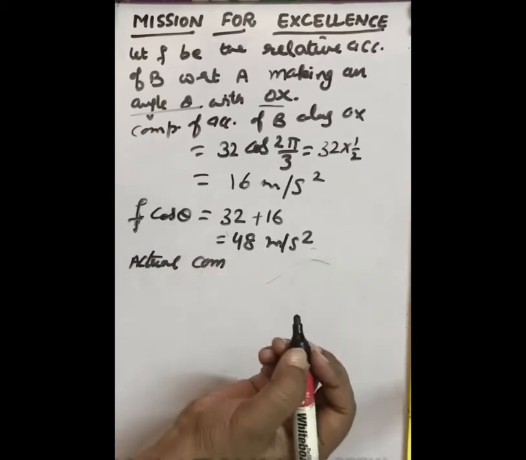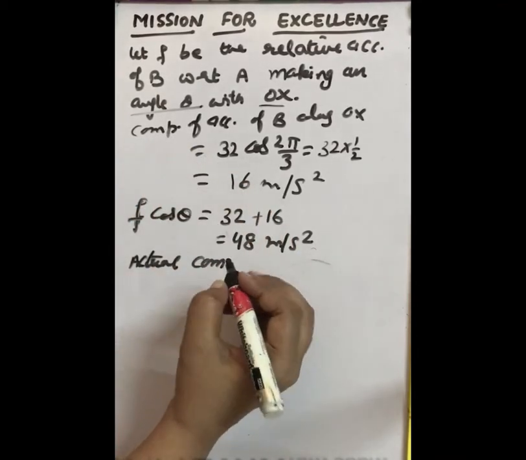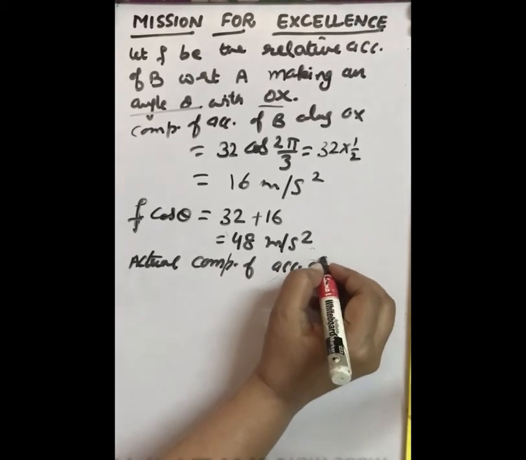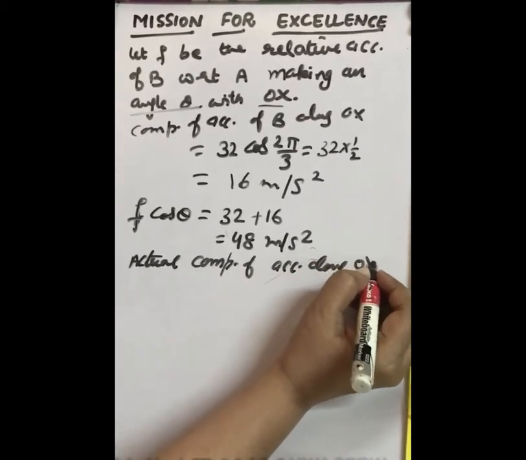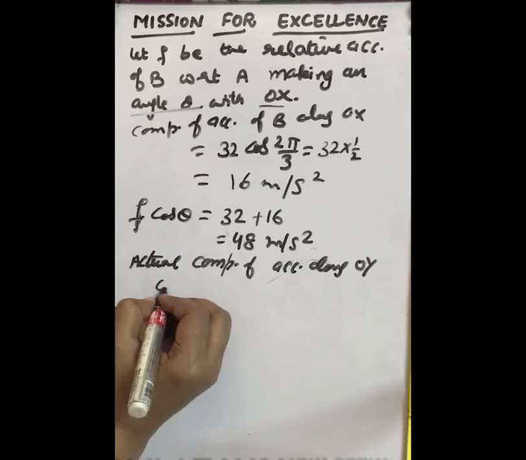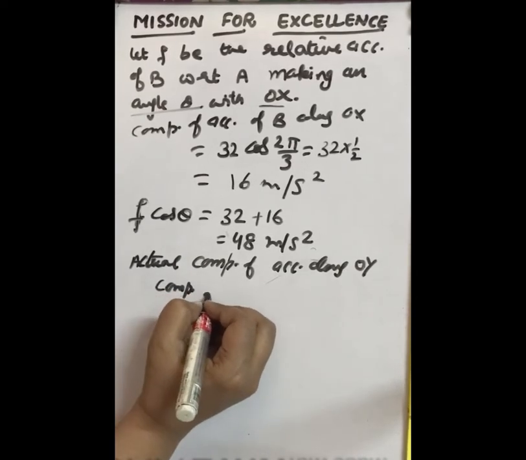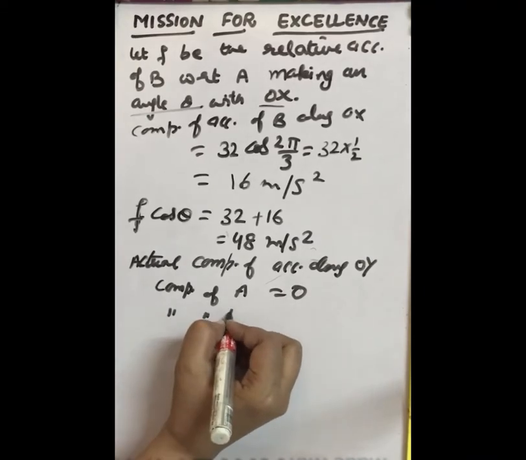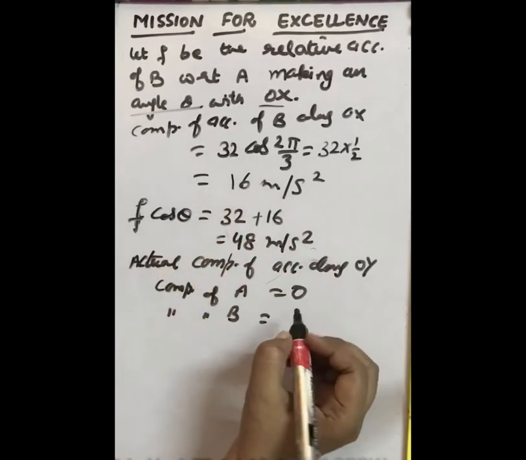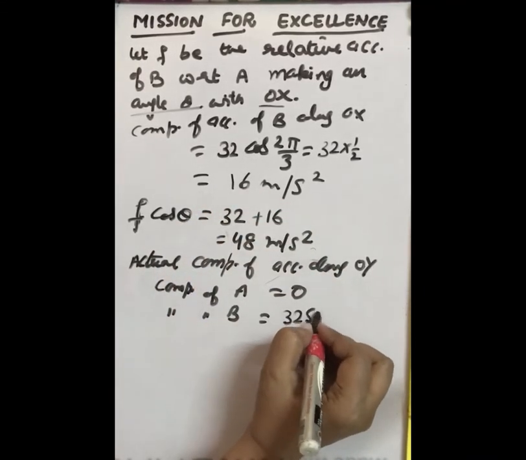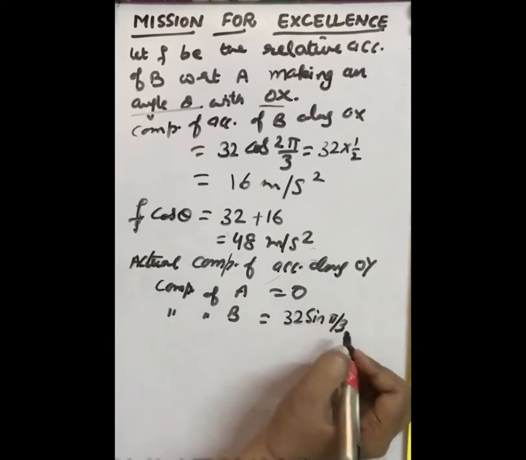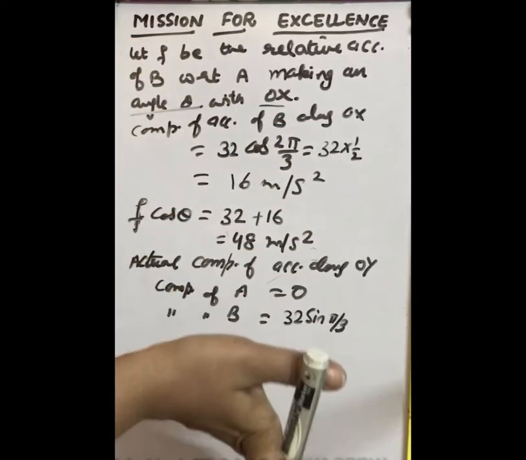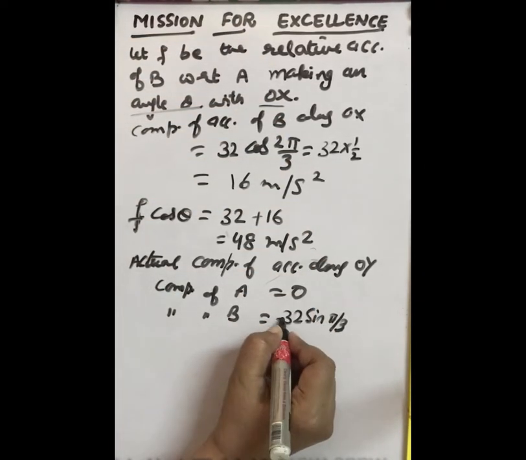Now we take the component along the y-axis. So the actual component of acceleration along OY: the component of A will be 0 and the component of B will be equal to 32 sine pi by 3. Now here, because the direction is opposite, it is coming out in this direction, so we take minus.